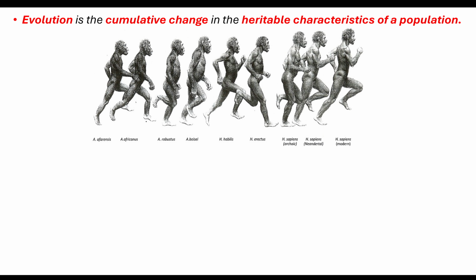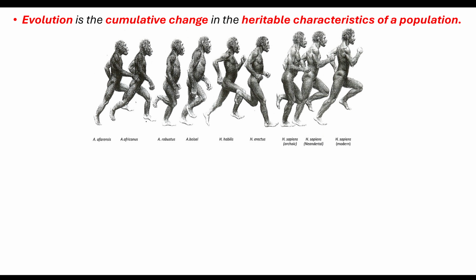So what is evolution then? Evolution is the cumulative changes that are inherited within a population. We know that the organisms within a population are able to interbreed and produce fertile offspring. When they interbreed, they pass on their alleles.